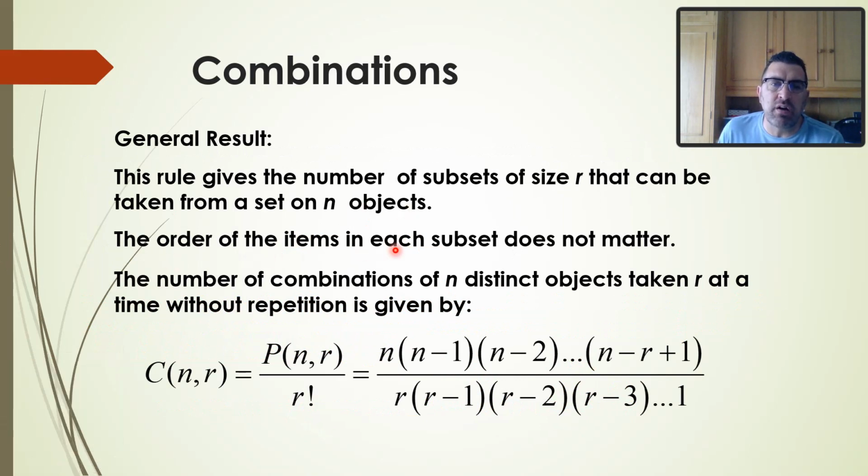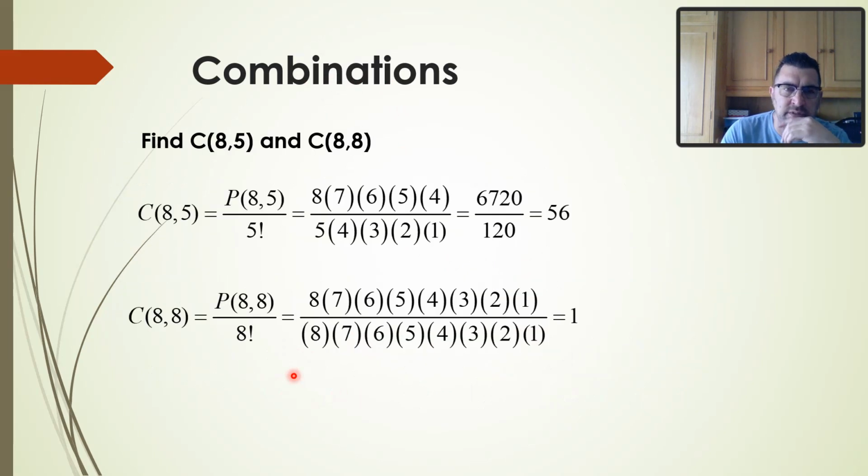The order of the items in each set does not matter. Order does not matter for a combination. The number of combinations of n distinct objects taken r at a time is n factorial divided by r factorial times n minus r factorial, if we use this rule as it's written over there.